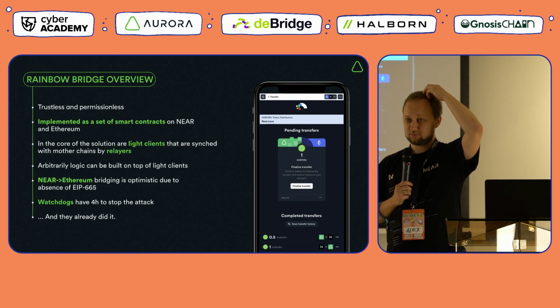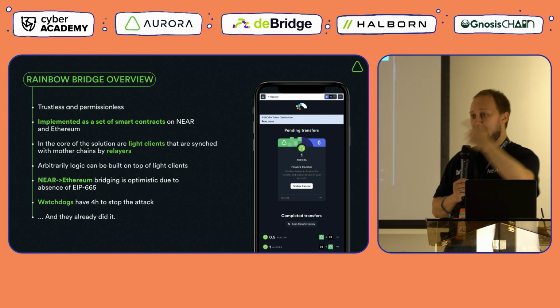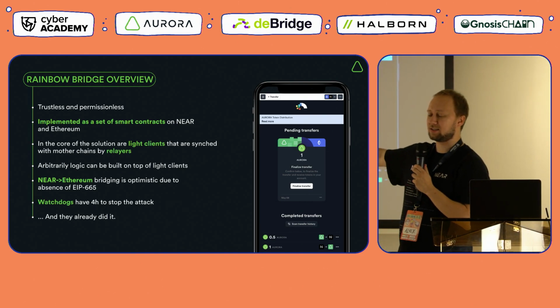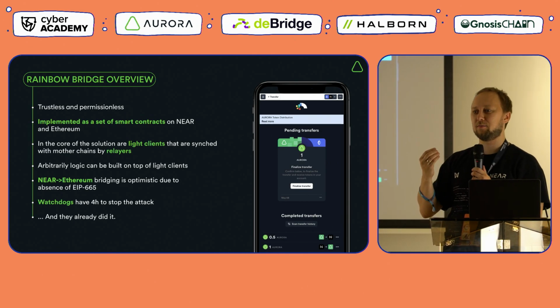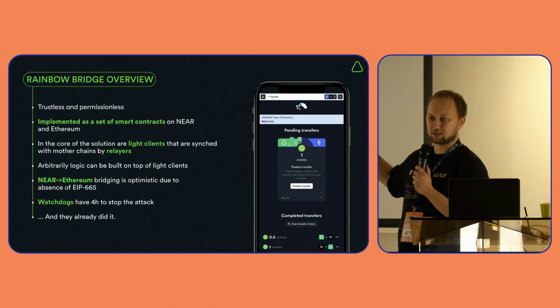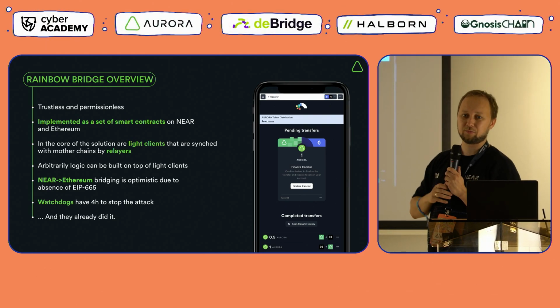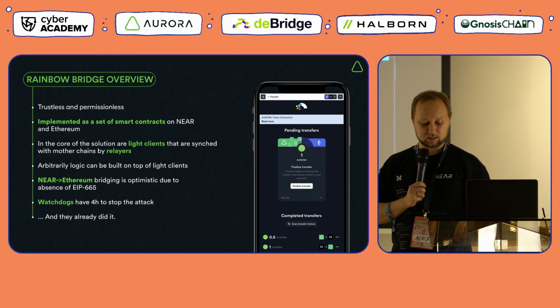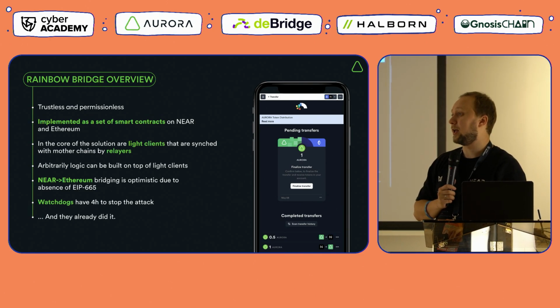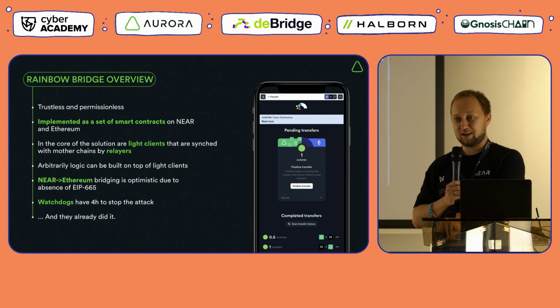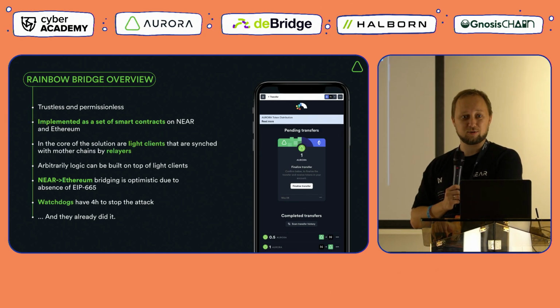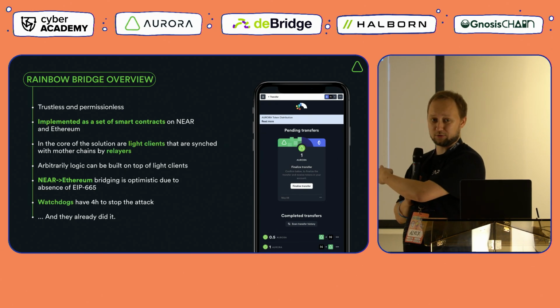More or less? Okay. Now that is the design decision that we needed to take because EIP 665 is not yet included in the protocol. And if anyone would like to support any of the EIPs to be added to the protocol, please vote for this.